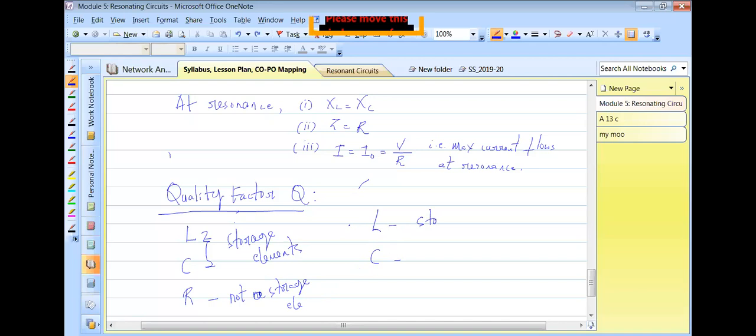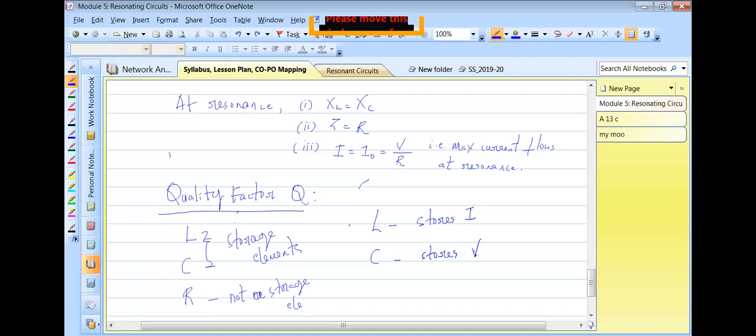L stores current and C stores voltage. In basic electronics also we discussed this point. Those who attended my classes should remember we discussed the inductor and capacitor, and we said the inductor stores I and the capacitor stores V, voltage. So they are generally the storage elements.